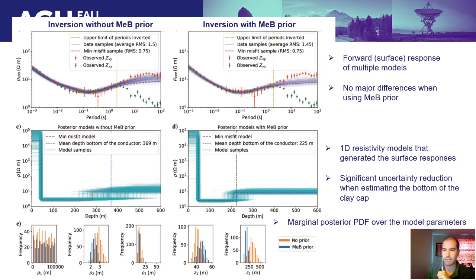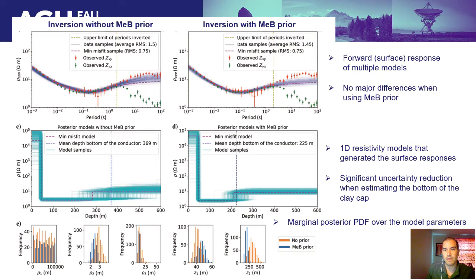Once we have built the methylene blue prior, we use that prior to invert the MT data at the MT station locations. What I'm showing in the plots on the right is the inversion of an MT station in the Wairakei Geothermal Field with the methylene blue prior, and on the left, using the same station but inverting without the methylene blue prior.